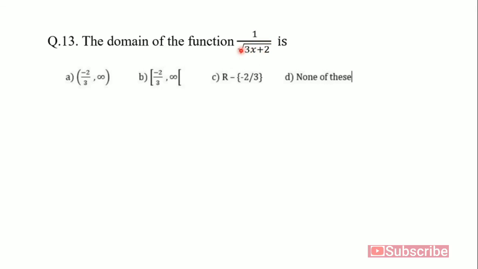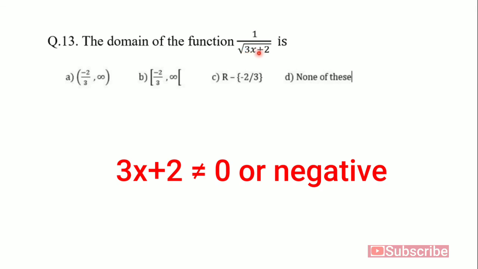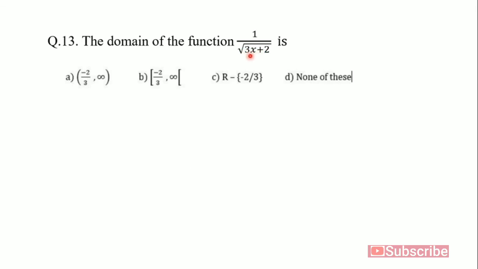Now the domain of the function 1 by root over 3x plus 2 is... domain means the values of x. Actually here we have to find the values of x for which this expression is defined, isn't it? You see x is involved in the denominator and also under the root. So 3x plus 2 cannot be 0, moreover it cannot be a negative number. It means 3x plus 2 must be a positive number, right?